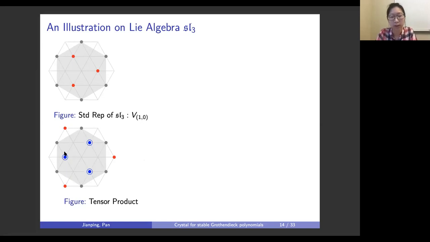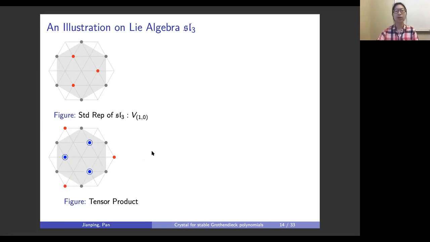So you get 2 irreducible components from this tensor product, and of course they add up to 9 dimensions, which is good.